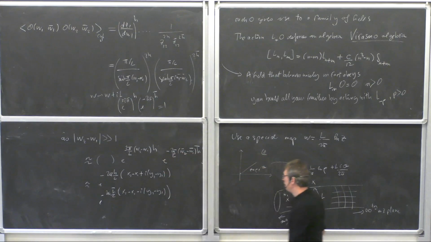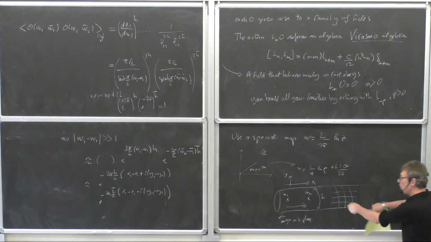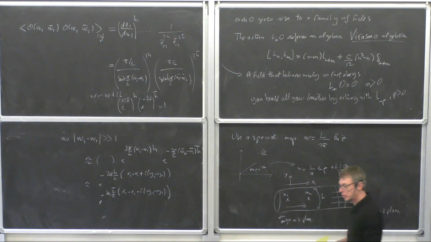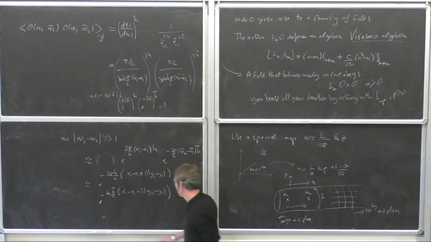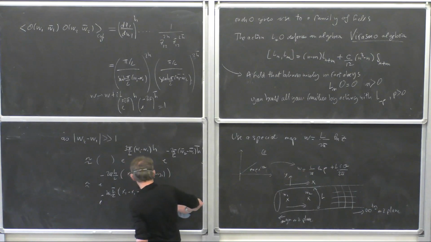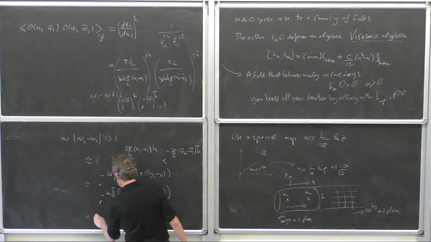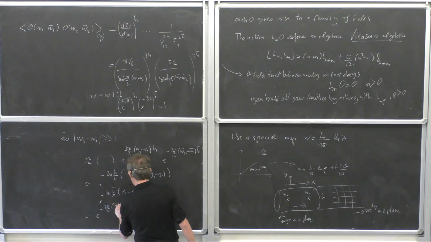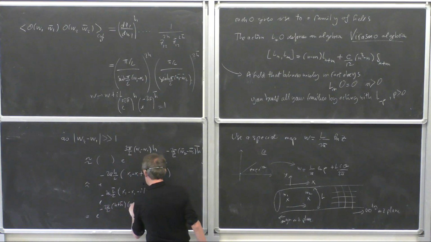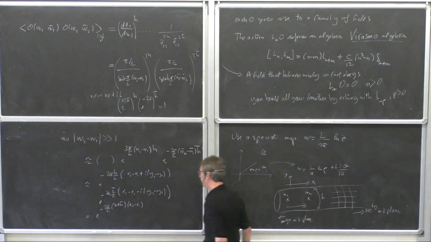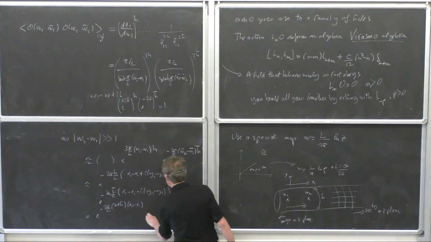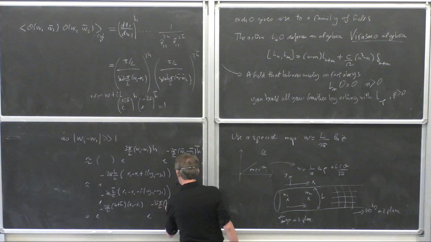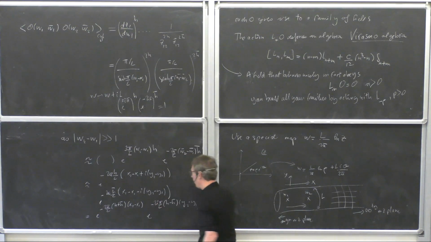So this is the leading contribution of this two-point function when the points become far apart. And why is this interesting? I can also write it as e to the minus 2 pi over L (h plus h bar)(x2 minus x1), e to the minus 2 i pi over L (h minus h bar)(y2 minus y1).